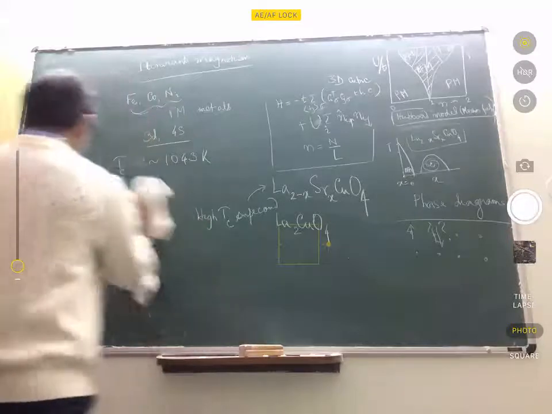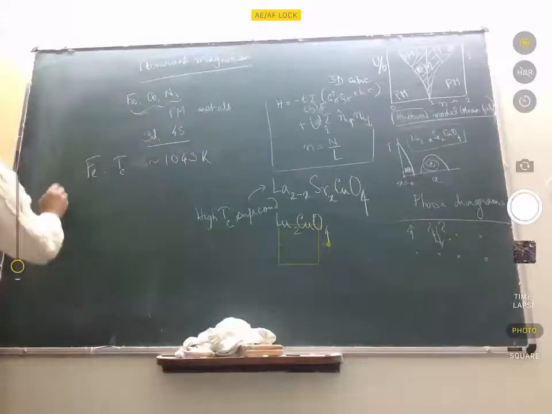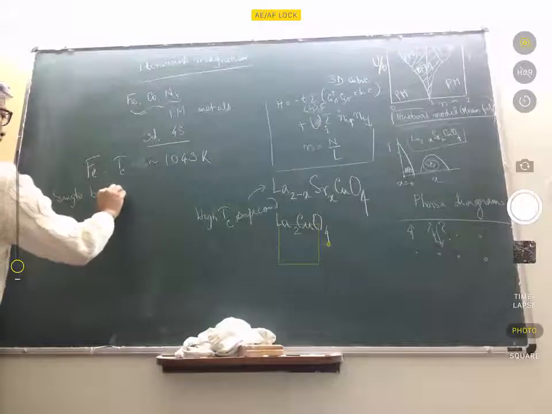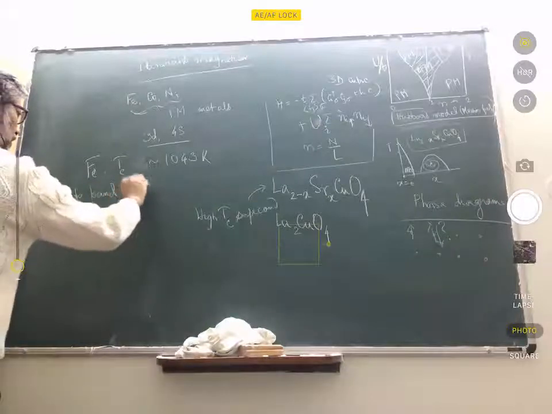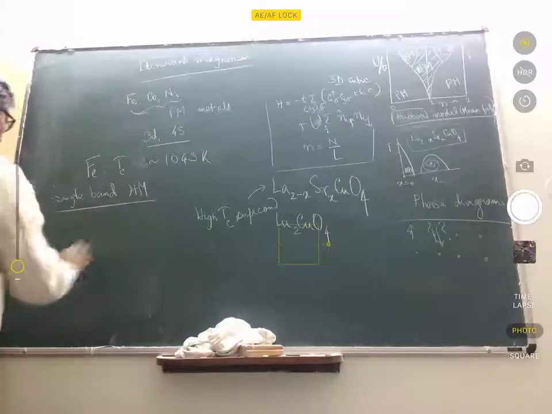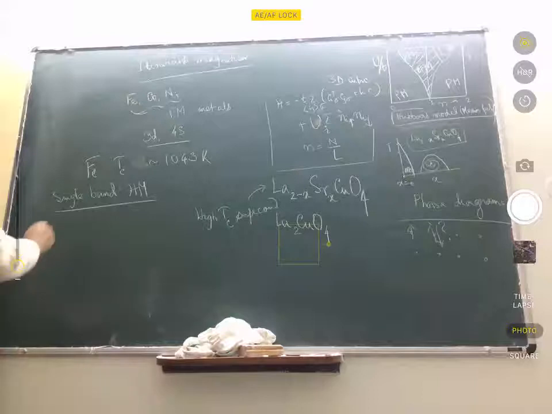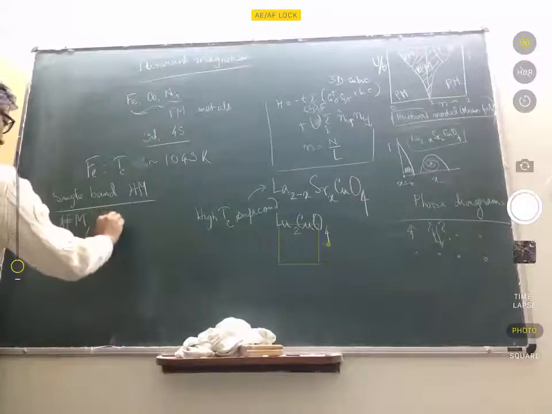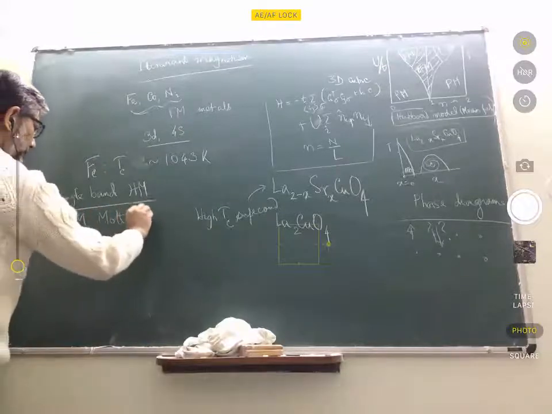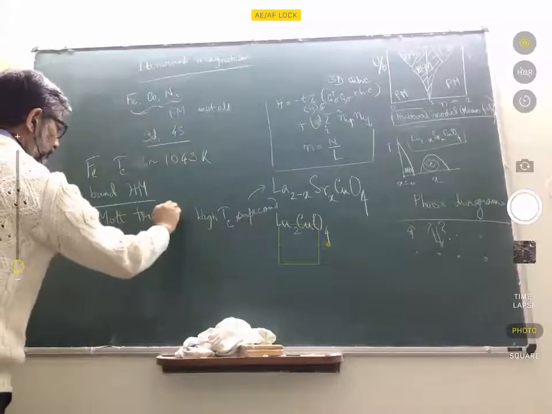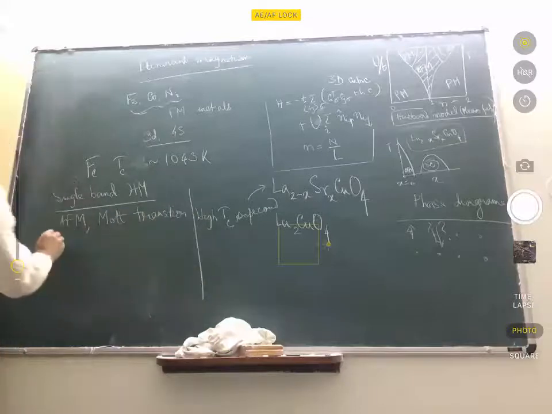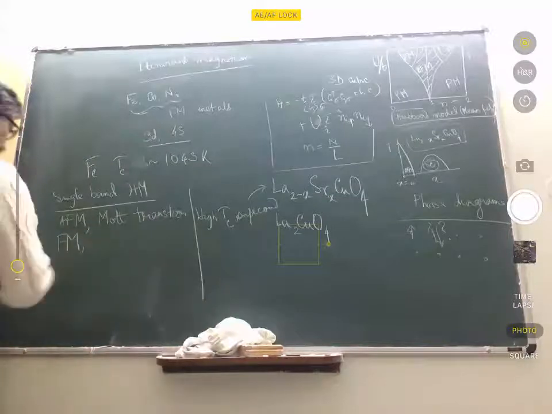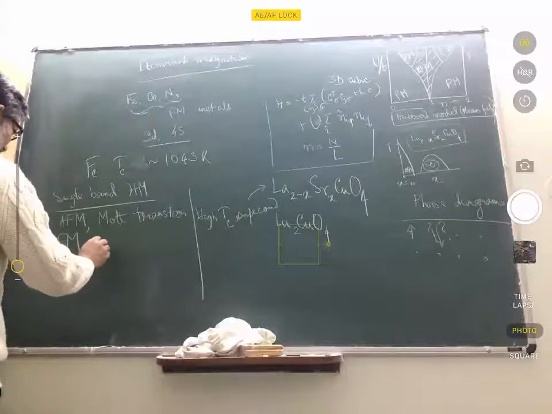The hope was that a single band Hubbard model, that is, one orbital per site, can describe a whole host of correlated phenomena like antiferromagnetism, the Mott insulating state or the Mott transition, ferromagnetism, band ferromagnetism I mean, and several other things which we have not discussed.